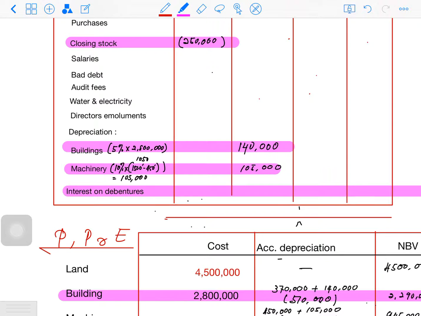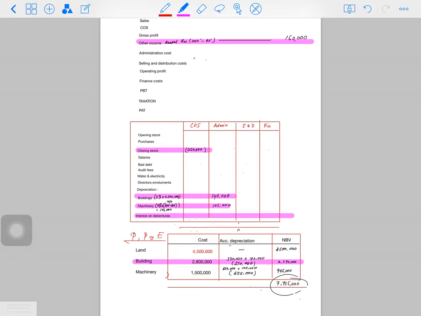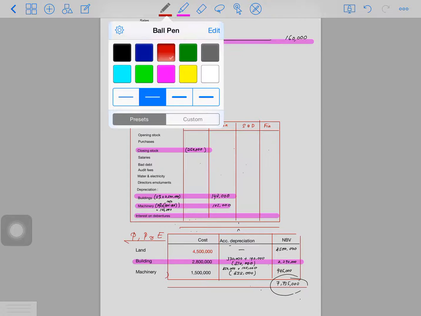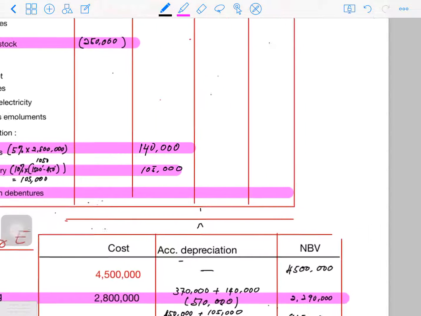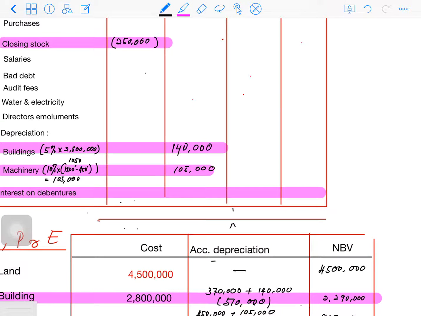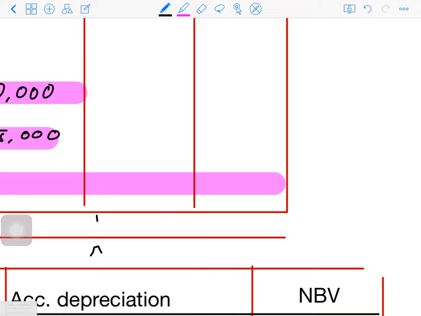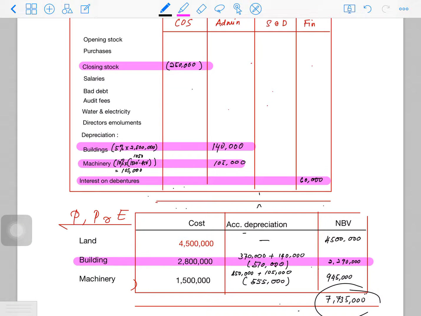Debenture interest here should be categorized as finance cost. Okay, 60,000.